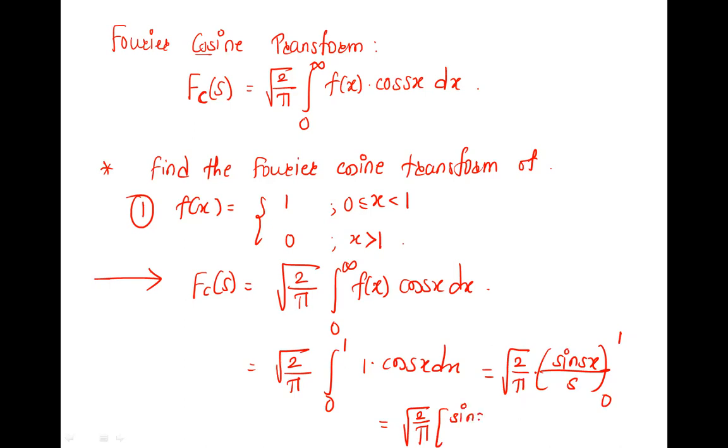So it is sine s upon s minus the lower limit 0. Sine 0 is 0. So you get your answer as root 2 by pi into sine s upon s as the Fourier cosine transform.